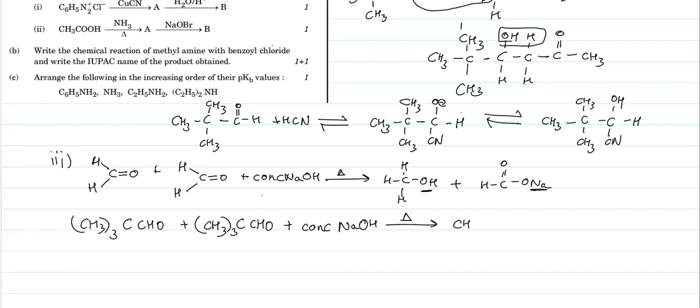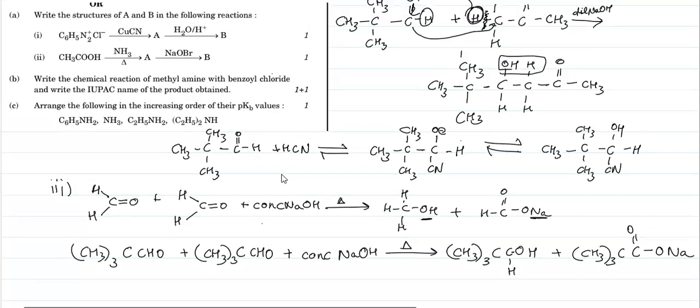So one of the aldehydes is going to get converted to an alcohol. So CH3 thrice C CH2OH plus CH3 thrice C COONa. So with that, we're done with this particular question.